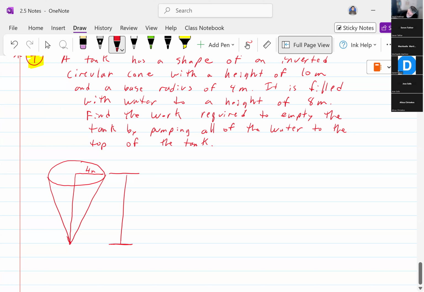We have water in the tank up to the 8-meter line. So far, so good.